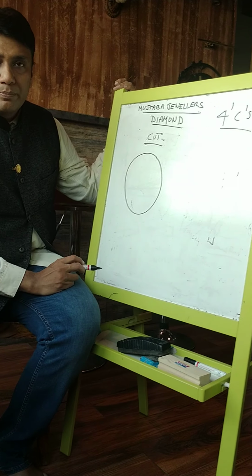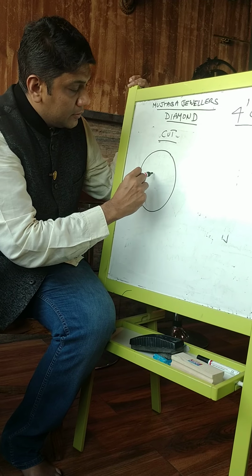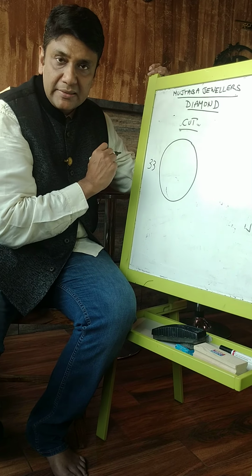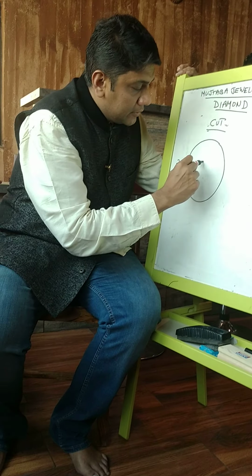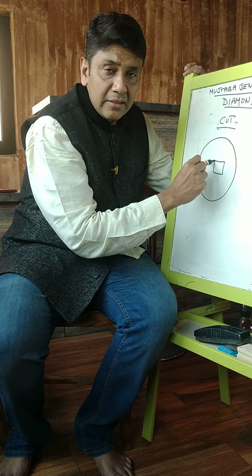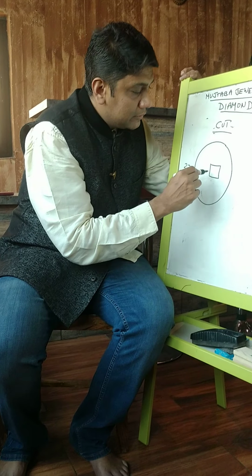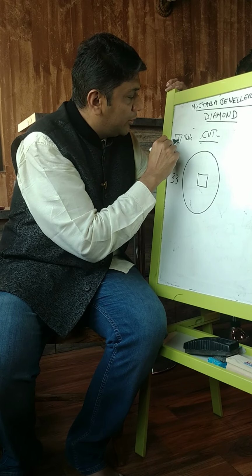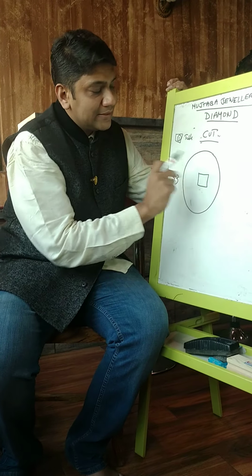When you look at the top, there are supposed to be 33 cuts inside this diamond. The biggest cut on the top is called the table, and it is only 1 in number. That's at the center of the diamond.